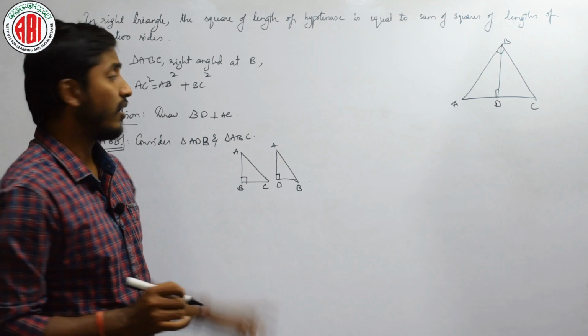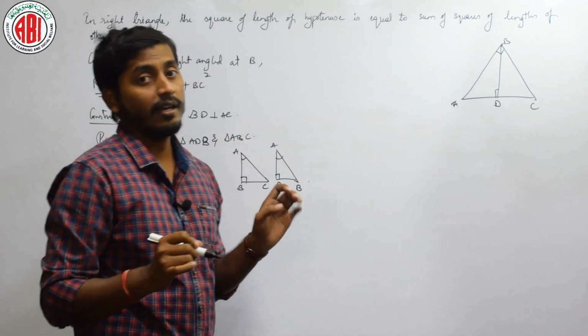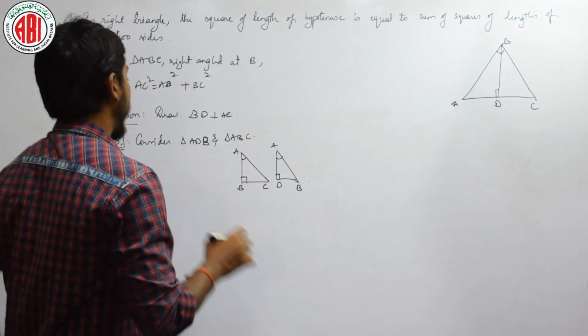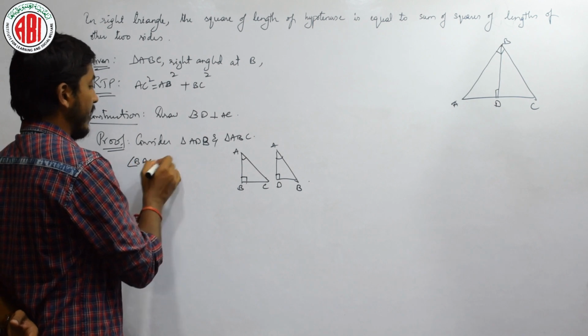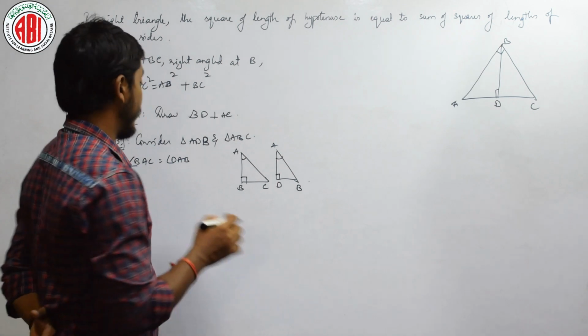For both triangles, angle A is common. Then can I tell that both triangles are similar? Now let us write angle BAC is equal to angle DAB, which is common.